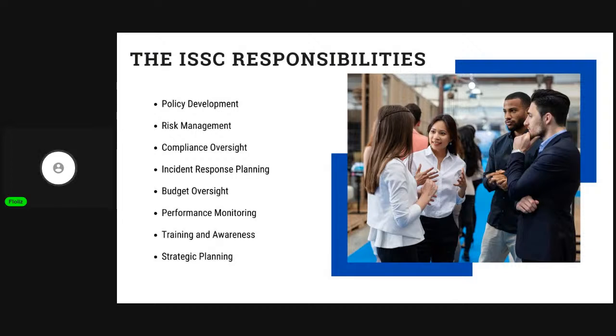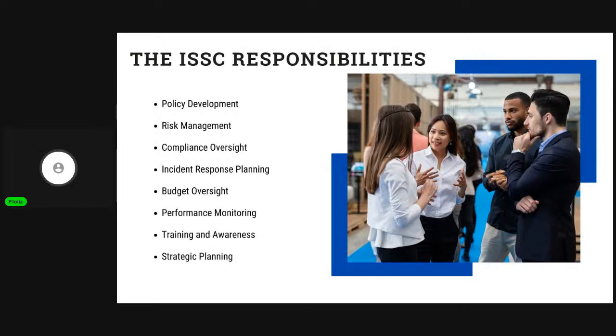So when they prepare their budget, they will send it to management to look at it and give approval. Then they will also give out performance metrics to management in terms of technology adoption, in terms of risk exposure, in terms of compliance, in terms of training and capacity building. So all these metrics, they are to develop it and report to the top management.